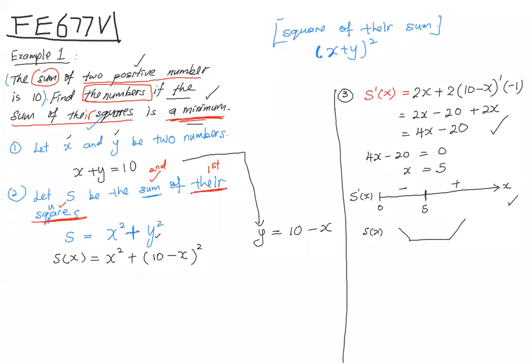Next, they say find the numbers. They didn't ask you to find the sum, correct? So you verify already whether it's a minimum. Now I need to find the numbers. I got x. So what should I do? The fourth step. You substitute the x with 5 into where?